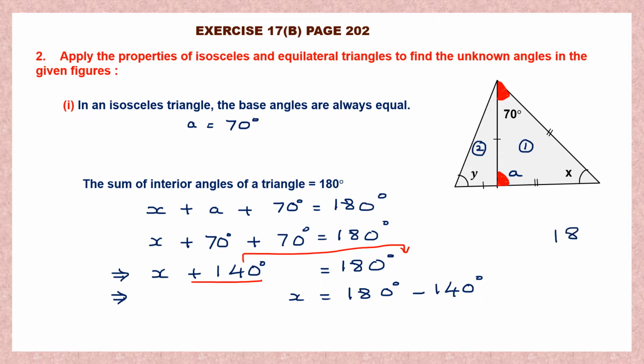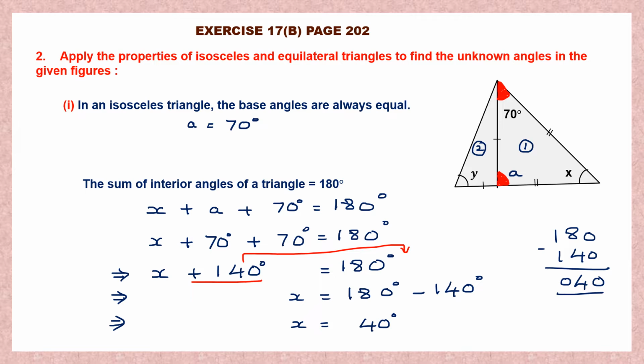So 180 minus 140, what do we get? 40. 8 minus 4 is 4. So here we have found the value of X to be 40 degrees.